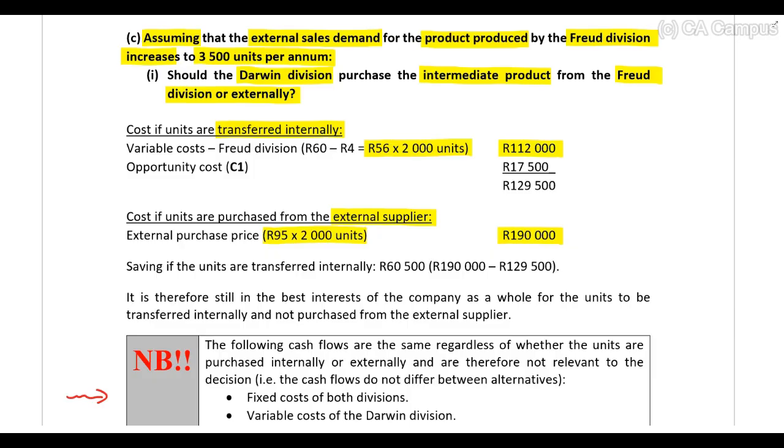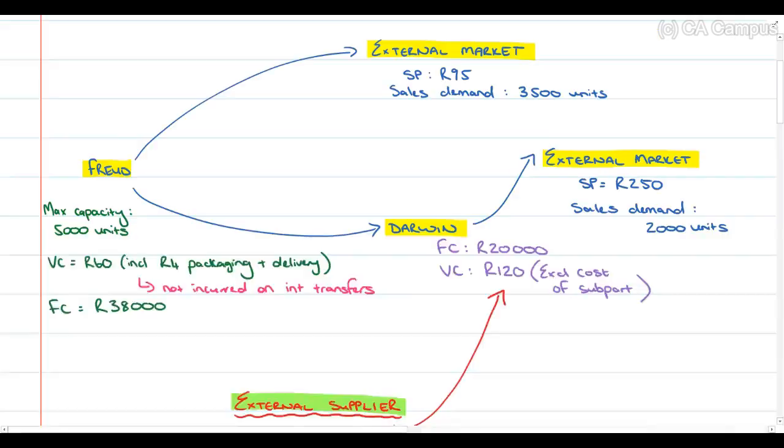The only difference that we have over here now is we have an opportunity cost. And if we go back to our diagram, the reason why we have an opportunity cost is the Freud division is not going to be able to sell 3,500 units externally if they have to transfer 2,000 units to the Darwin division, because their maximum capacity is 5,000 units. They can only produce 5,000 units.